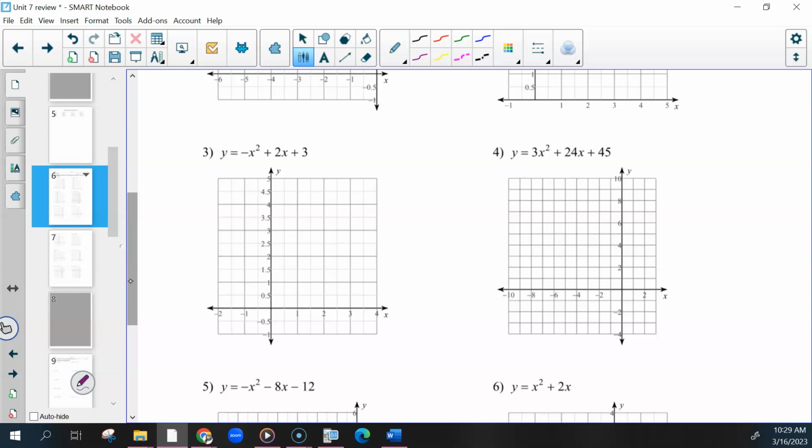So if you don't have your calculator, you need to go grab that. And you're going to type this equation into your y equals.